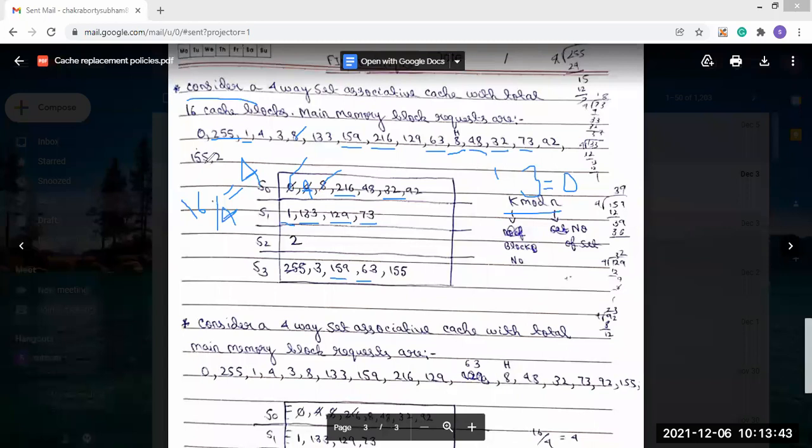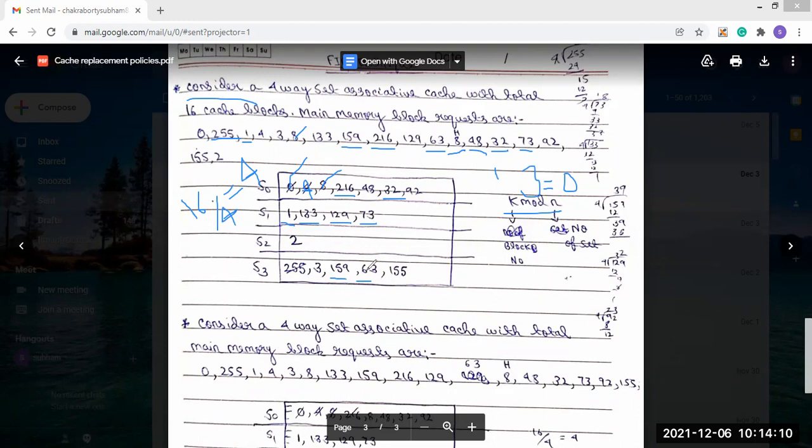Then 155. So 155 mod 4 will be what? The remainder will be 3. So that means this 155 we have to place in set 3. But in set 3 already, we see 255, 3, 159, 63, a total of 4 blocks are present.